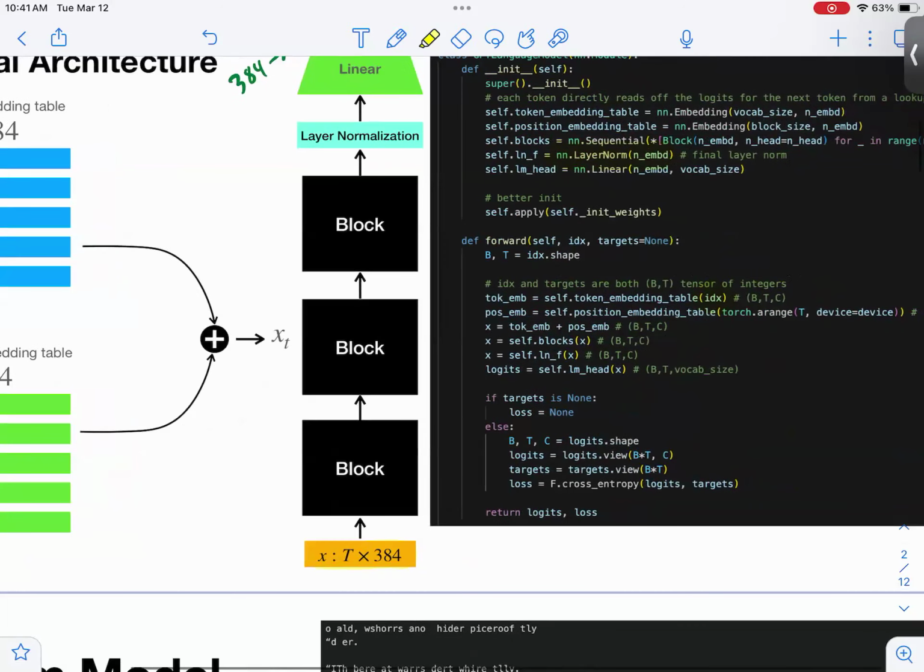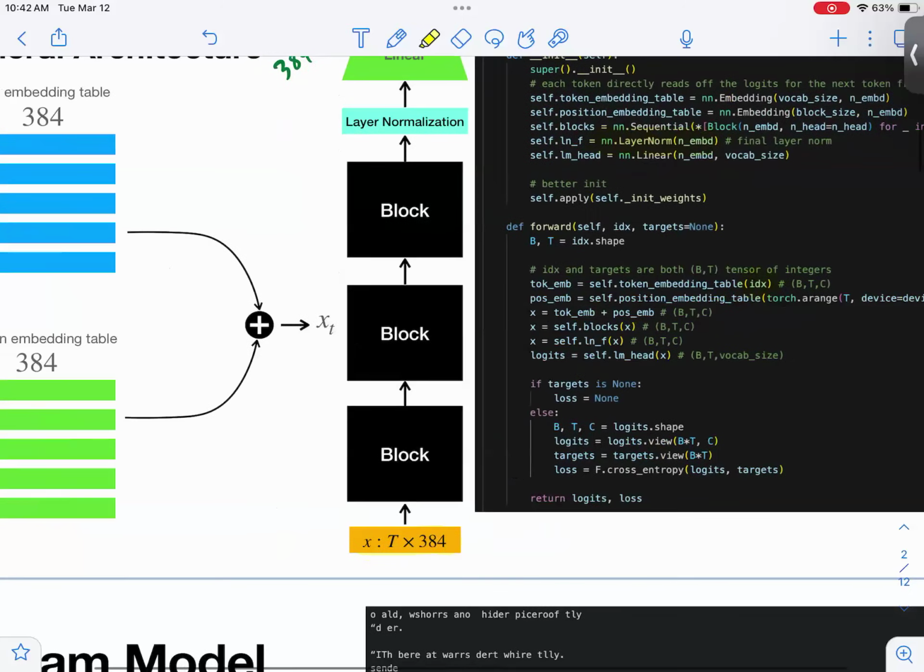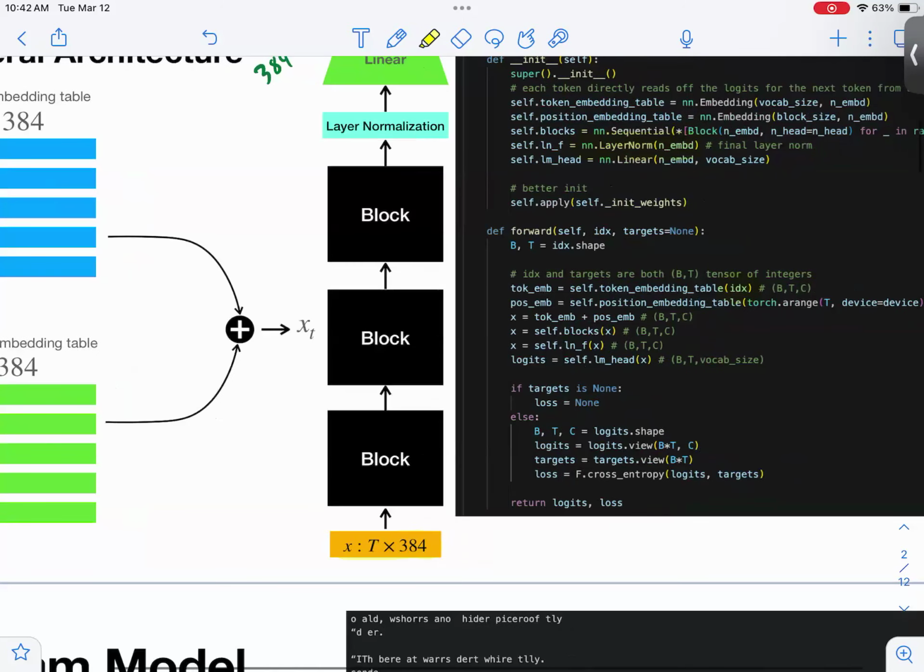And then the position embedding is applied to basically 1 to T. So let's not dig into the details; you can figure this out for yourself. It's exactly what I mentioned: you pass each word at each position through the token embedding table, you select that row, you select that row in the position table, and then you add them up.